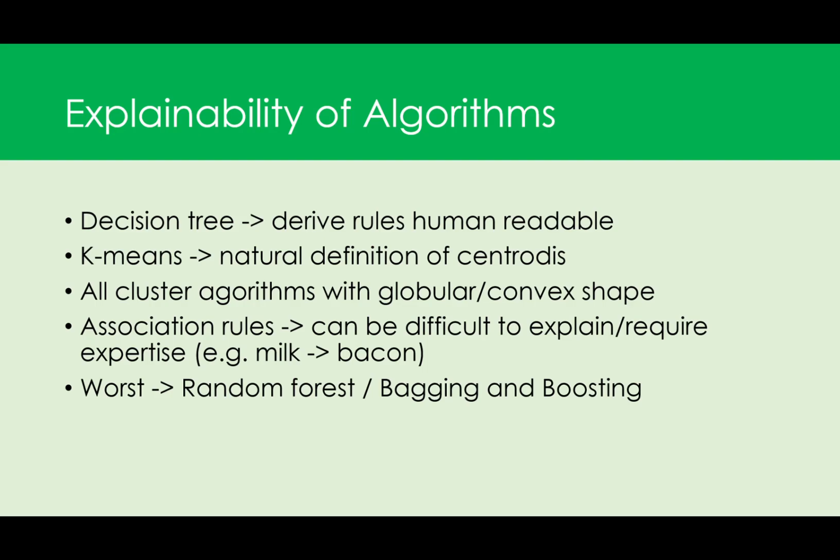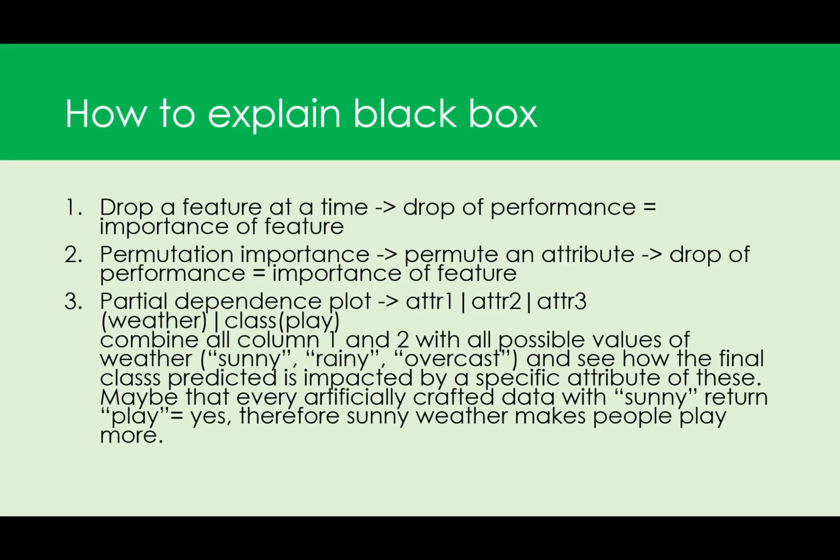Also, association rules can be difficult to explain because we can end up with rules that are not easy to explain, like this, for example. And the worst algorithms to explain are the ensemble ones, that are random forest, bagging, and boosting, for example.